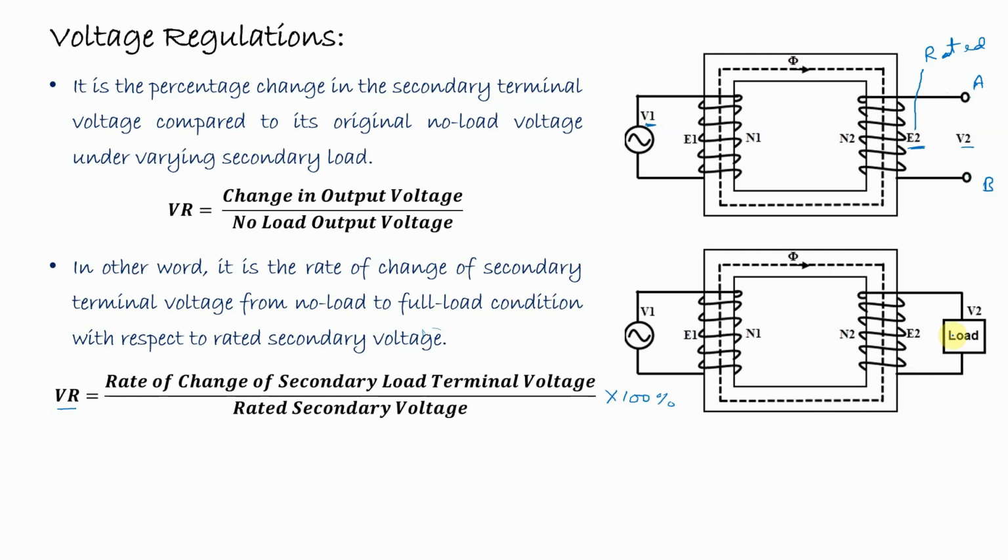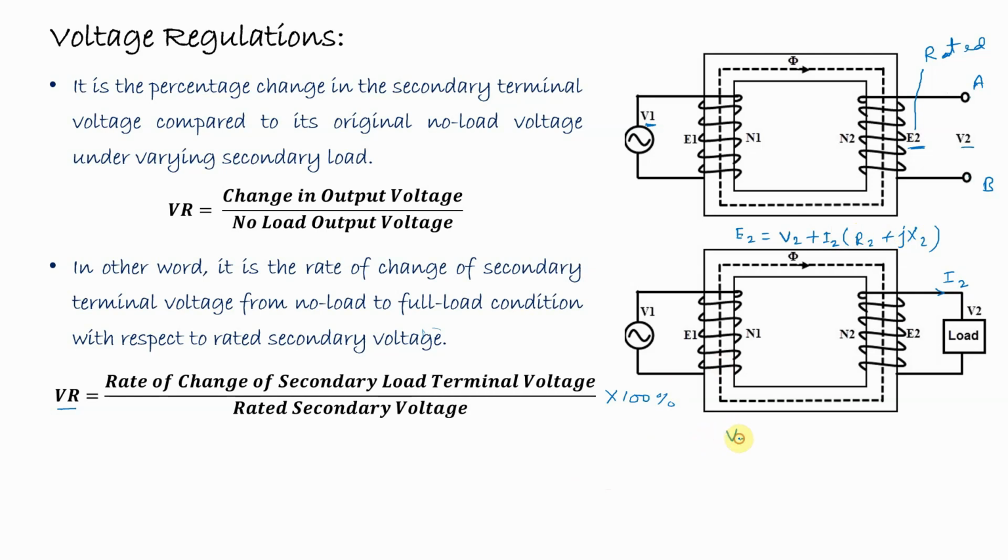But if we connect the load across the secondary winding, then the secondary current I2 will be developed. Therefore, the relation between E2 and V2 can be written as: E2 is equal to V2 plus I2 into (R2 plus jX2), that we have seen in the equivalent circuit of the transformer.